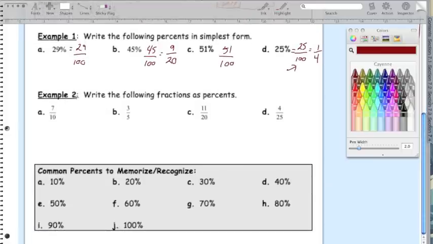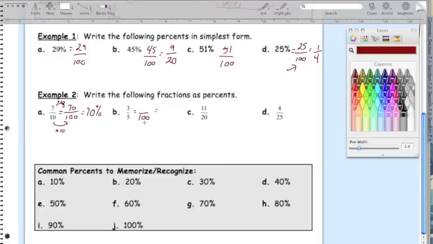All right, now the other way is writing fractions as percents. They're already fractions, we need to get them as percents. So we need to have denominators of 100, and in this case, I could see with mental math, multiply 10 times 10, and then 7 times 10, and I find that I get 70 out of 100, which is truly 70%. 3/5: I need my denominator to be 100 for it to be a percent.